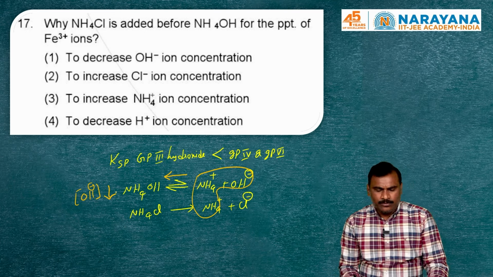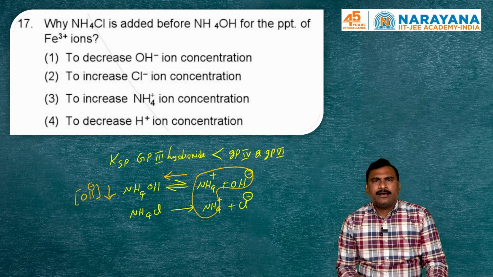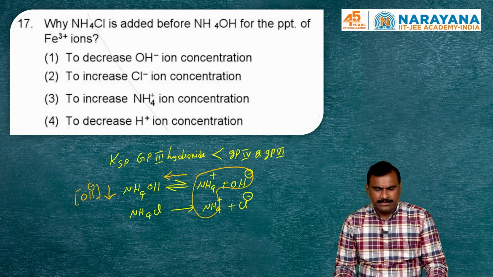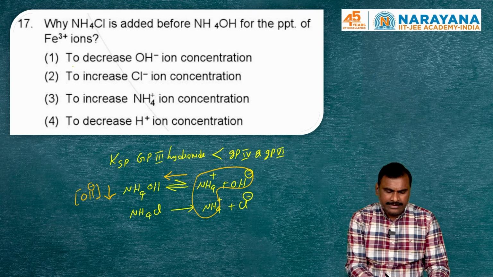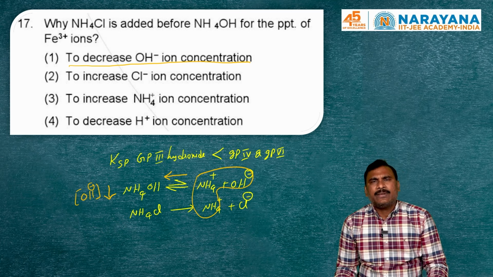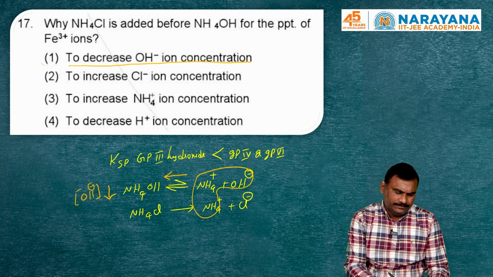Due to that, only group 3 cations precipitate as hydroxide rather than group 4 and 6. That is the reason why. That means indirectly, to decrease the OH minus ion concentration, we are adding ammonium chloride, which causes common ion effect on the ammonium hydroxide dissociation.